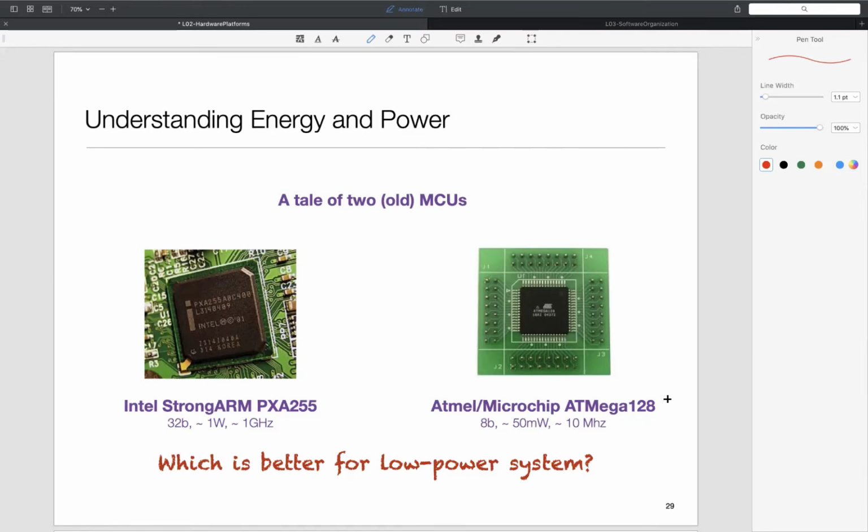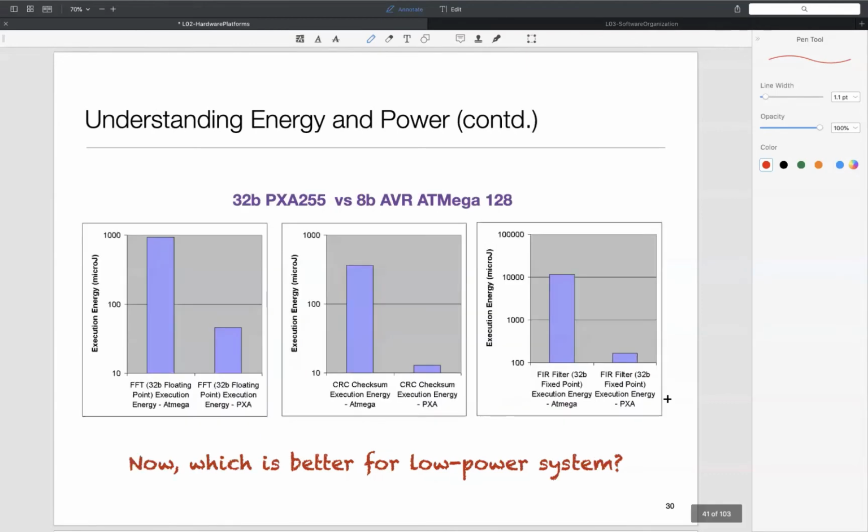Naively, you might say, hey, the right-hand one, look, it's only 50 milliwatt versus 1 watt. But we are ignoring how much work it's capable of doing, right? It's 8-bit versus 32-bit, and it's operating much more slowly. So depending upon the computation and how often you are computing, either one could be better.